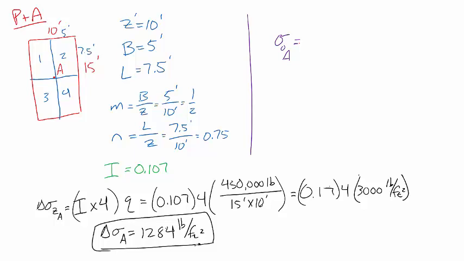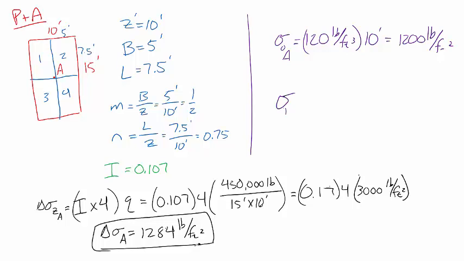We assume that the unit weight is the same throughout. I don't see any indication of groundwater table. So the geostatic stresses in this case are just the unit weight of the soil multiplied by the depth at which the point we're analyzing is located. So that equals 1,200 pounds per square feet.